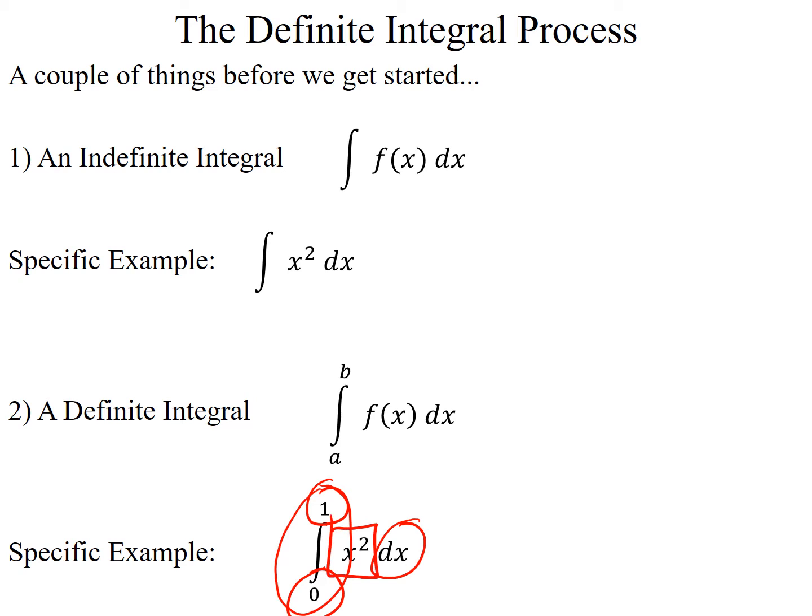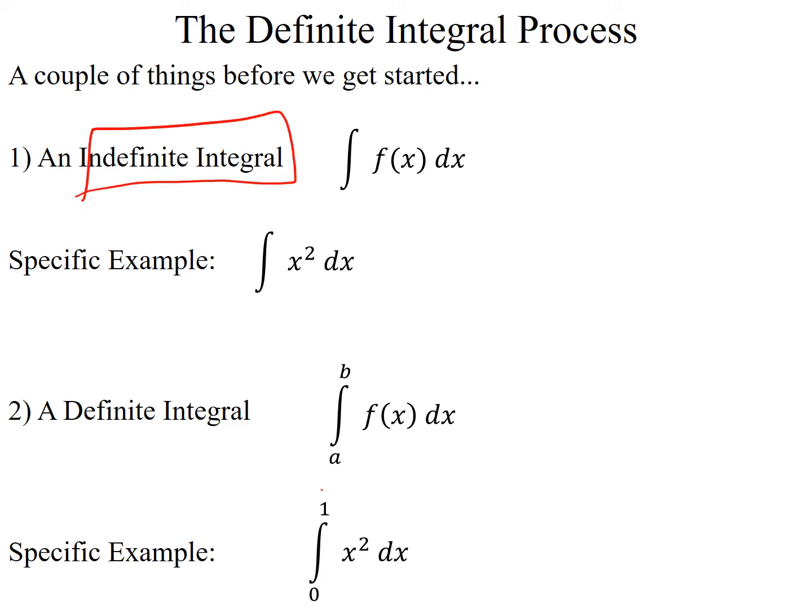Okay, second of all, let's go back to the indefinite integral just for a minute here. So what does the indefinite integral mean, and how do you calculate it? Let's just look at this specific example here. If you have an integral symbol with no numbers on it, a dx here, basically what the meaning is, they want you to find all the antiderivatives of the function in between here.